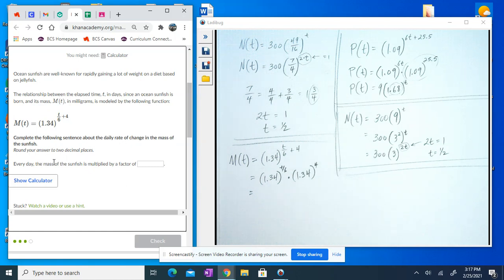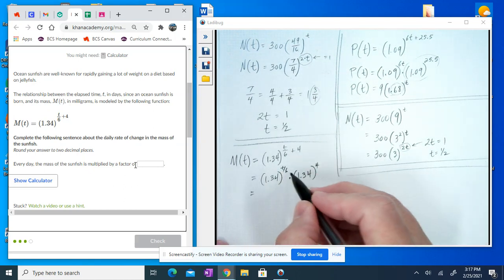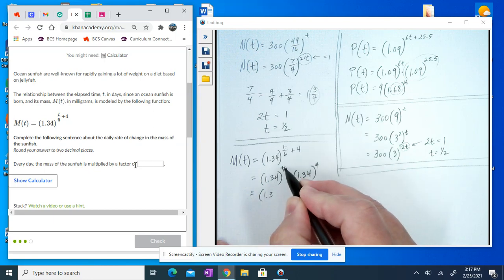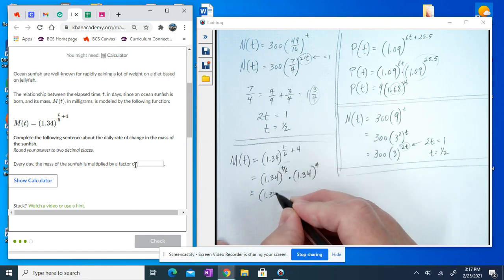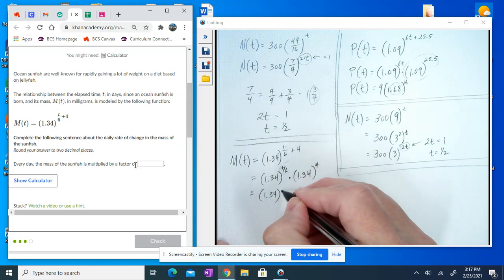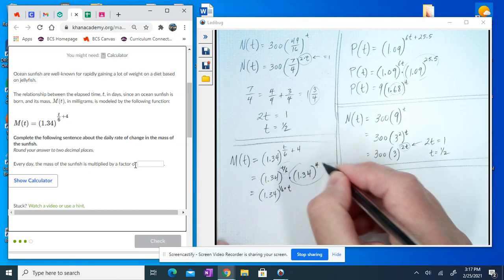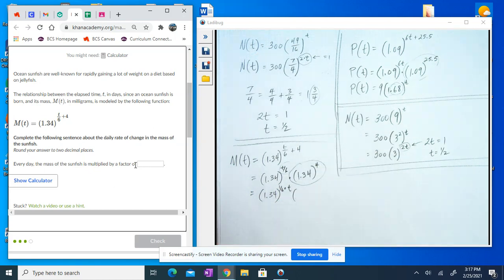All right, so every day the mass of the sunfish is multiplied by a factor of, okay, so we have this fraction this time. So I'm going to break that up into 1/6 times t. And then this is just some number for the initial amount of sunfish, right?